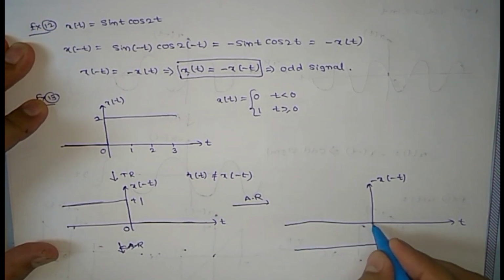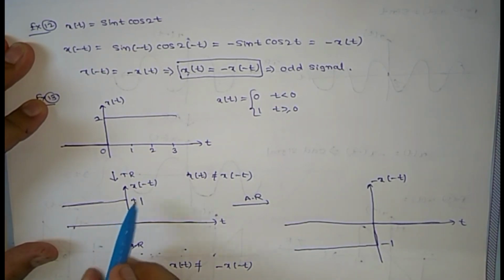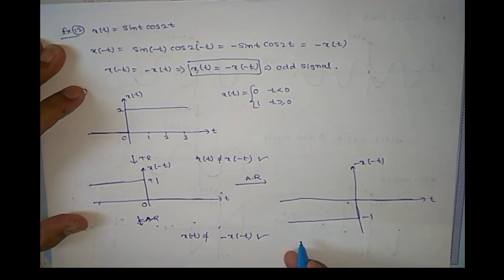And this is 0 only. So this is also x of t is not equal to minus x of minus t. See, this condition also didn't satisfy, and that condition also didn't satisfy. So this signal is neither even nor odd. It is not an even signal and also it is not an odd signal.